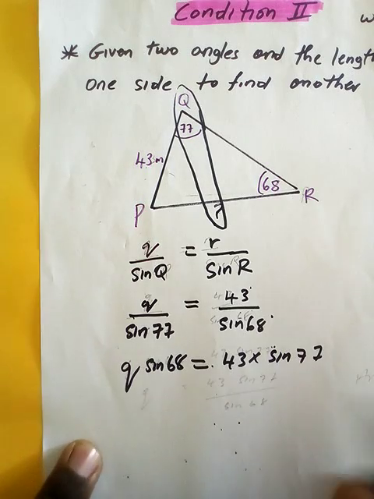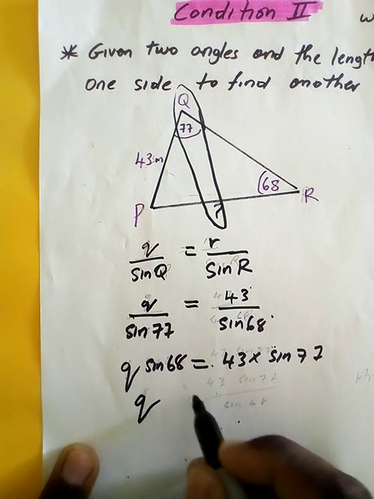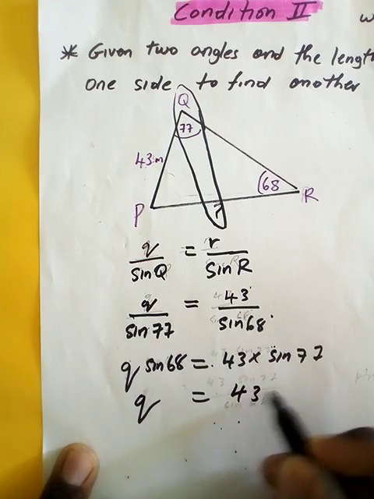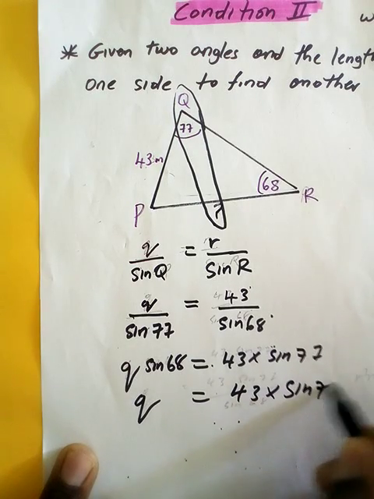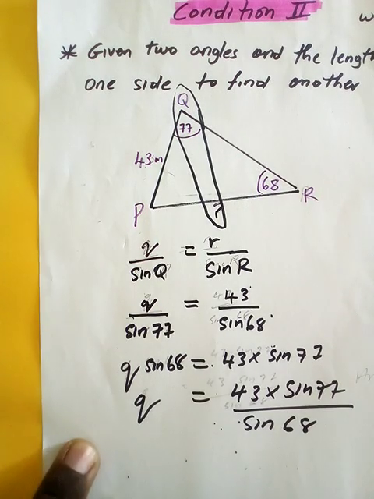Okay, so we can go ahead and transpose sine 68 from beside q. We're going to break it down until we find q. So q equals 43 times sine 77 degrees over sine 68.